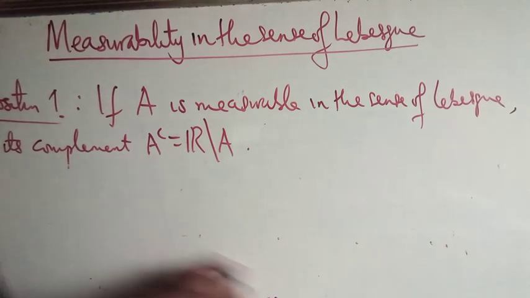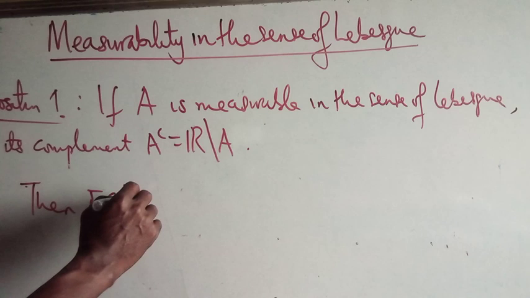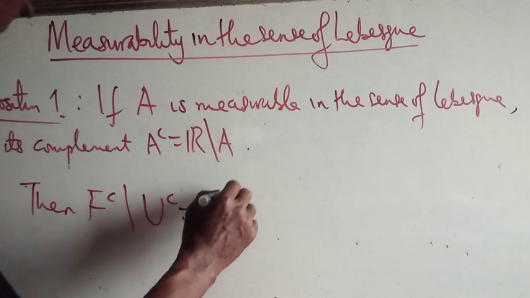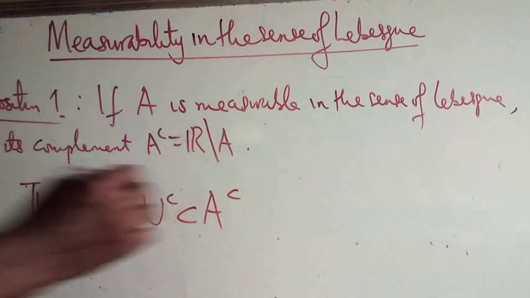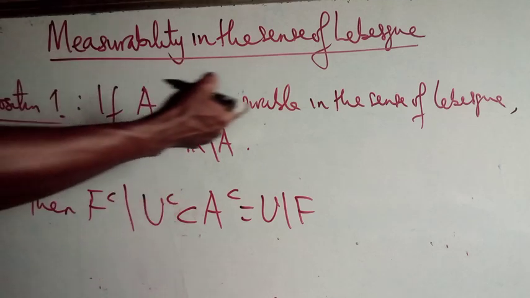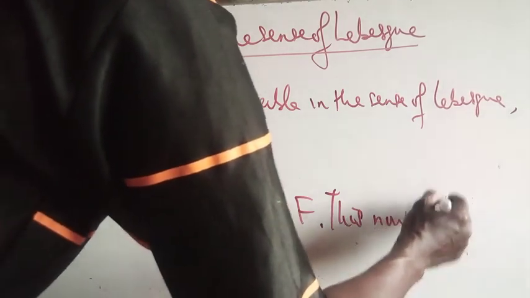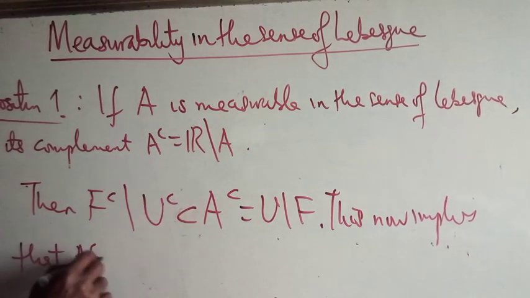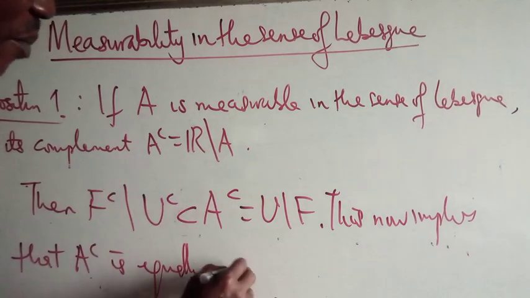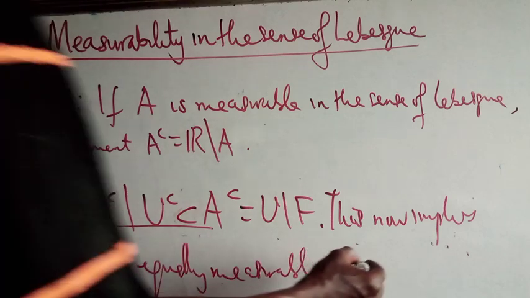From there, we can say that F complement difference U complement is contained in A complement, which is the same thing as U difference F. And from the proposition, since A is measurable and U complement is the same thing as U difference F, this implies that A complement is equally measurable. So Proposition 1 is complete.